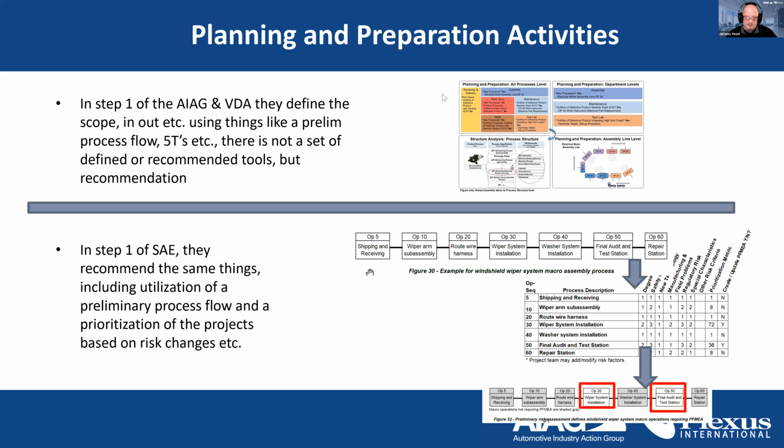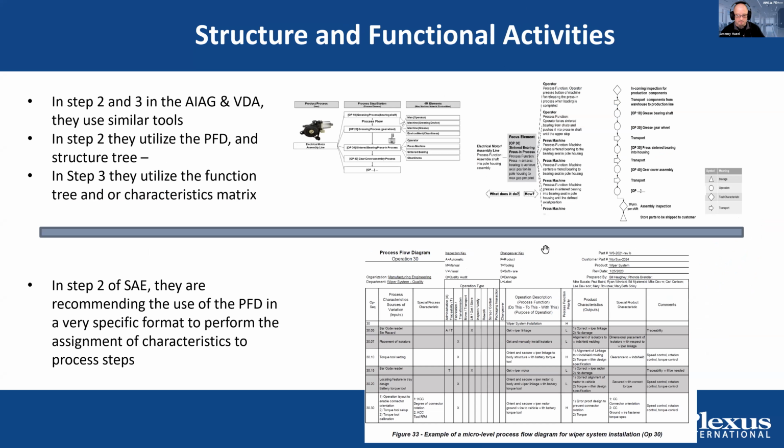All right. Now, changes in step 2 for structure. Okay, this is one of the places where we separate structure from function. Now, in AIAG, we're going to recommend, cajole, let's say, for the use of a structure tree. Now, it is not a required thing.